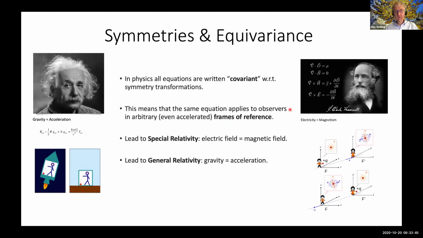Okay, so symmetries play an important role in physics in the following way. People have figured out that many phenomena which looked very different to different observers are actually the same phenomenon if you transform the equations under the relative motion of the observer.